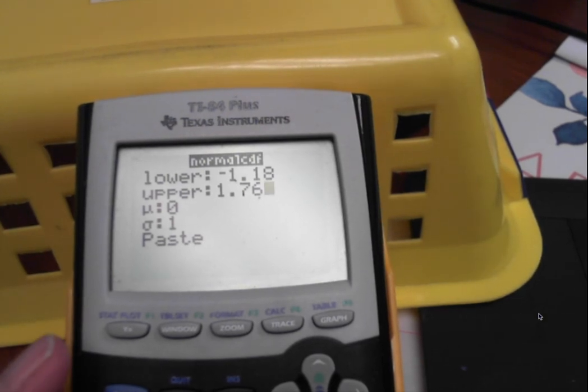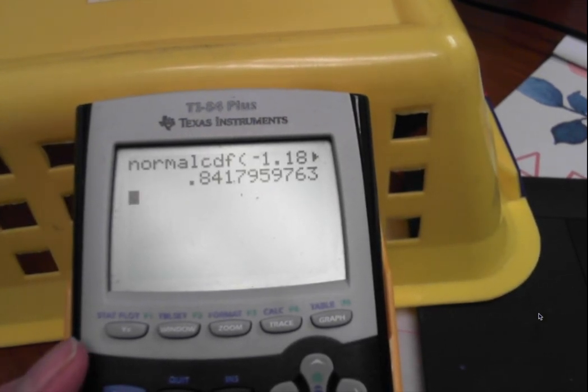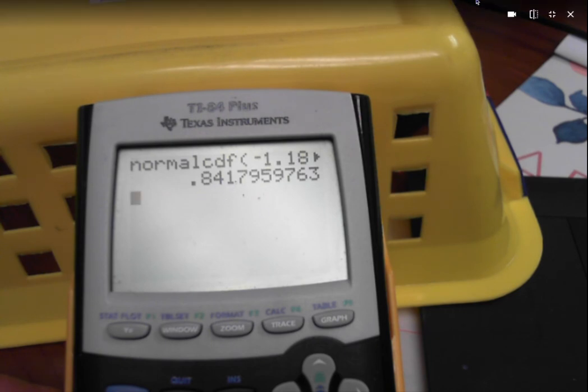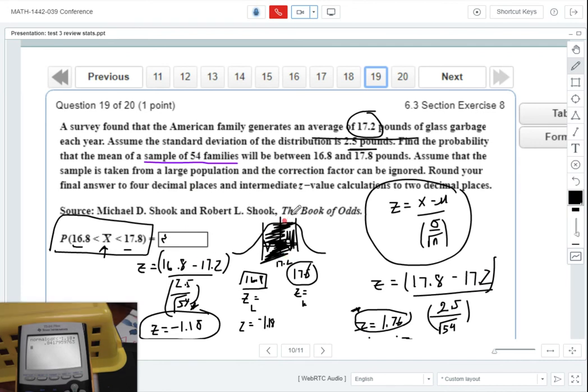You plug that in, and it tells you the probability, or the area between those two curves, is 0.8418. So the area under this curve is 0.8418.